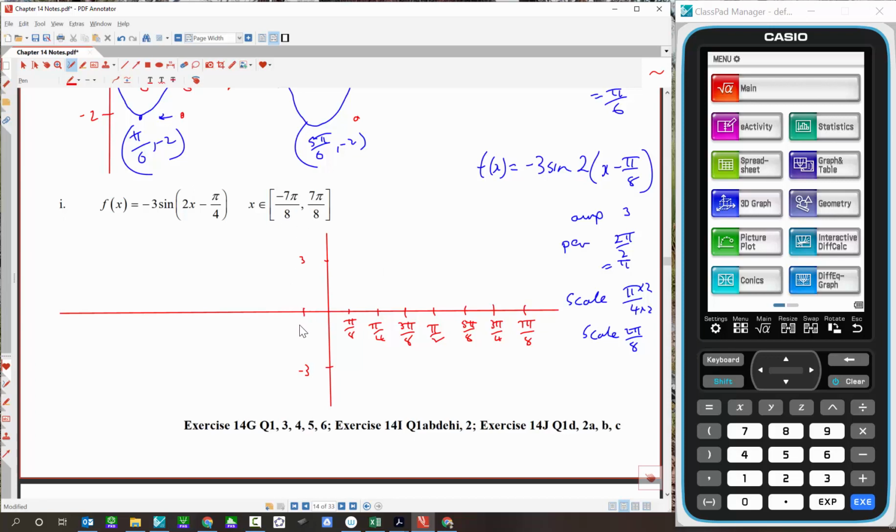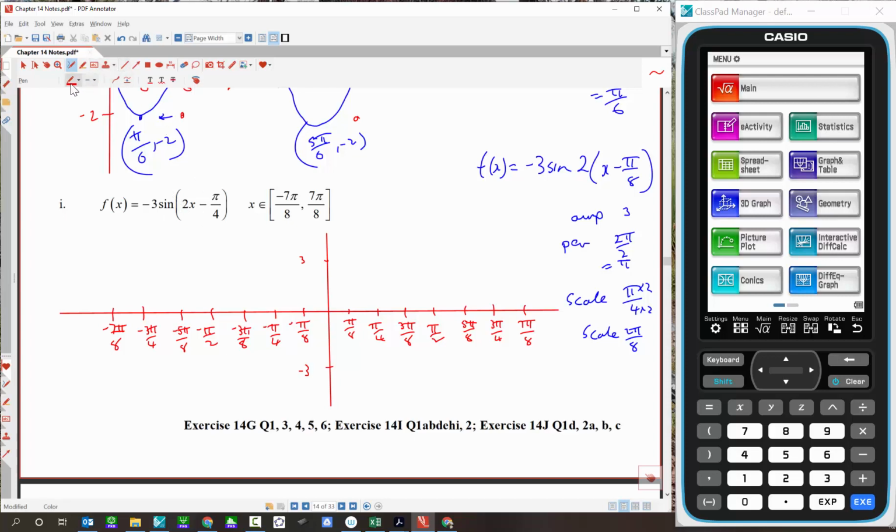All right, let's go back this way. So this is negative pi on 8. Once you've got the positive done, it's easy to do the negative. All right, now remember what we do.